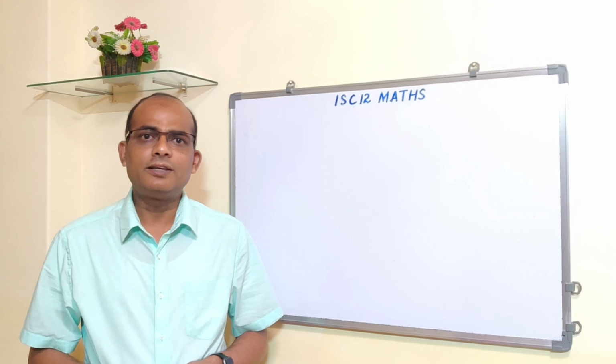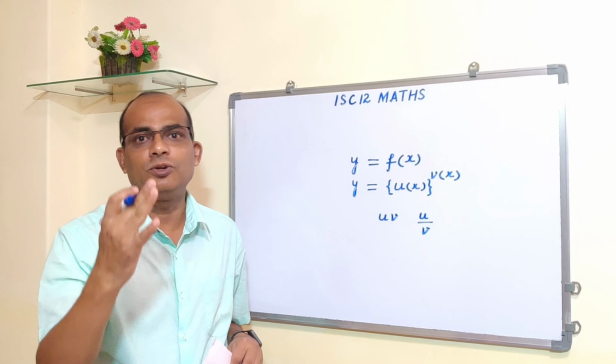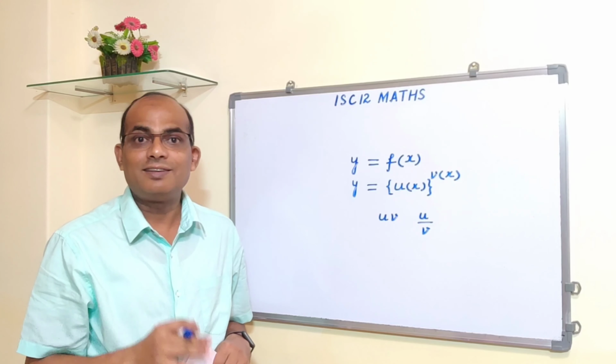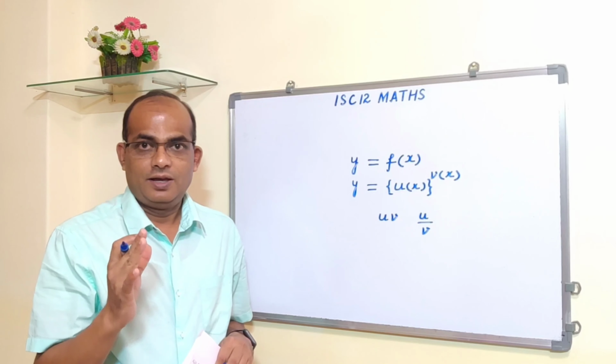And as far as the first one is concerned, y is equal to f(x), when you have a function like u into v, or u upon v, and if it is complicated, then it is easier to take log on both the sides and then differentiate. In some cases you have to take log, otherwise it will be very difficult.